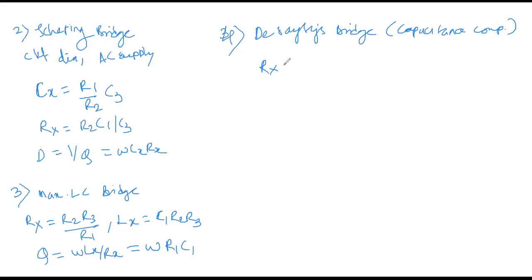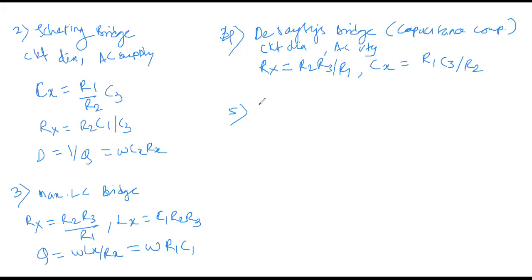So we got here the equation for unknown resistor Rx is equal to R2 R3 divided by R1, and for unknown capacitor Cx is equal to R1 C3 divided by R2. So these are all AC bridges. So apply AC supply, draw the circuit diagram, AC voltage is required. So this is the capacitance comparison or De-Sauty bridge.